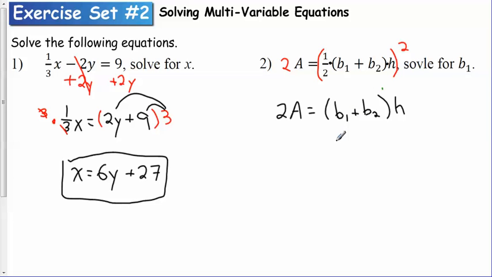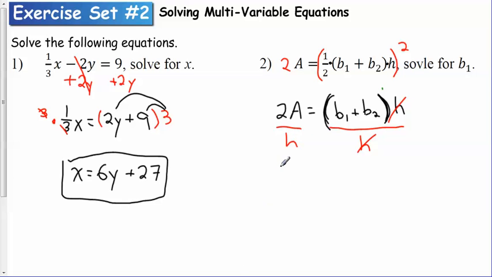And now if I take a look, I'm still trying to solve for b1, but that b1 is inside of parentheses. If I distribute the h in there, it's going to get more complicated. But if I can isolate this parentheses, get that parentheses by itself, then all I have to do is get rid of this b2. So this parentheses, this object is being multiplied by h. So what I'm going to do is divide both sides by h. That will isolate the parentheses.